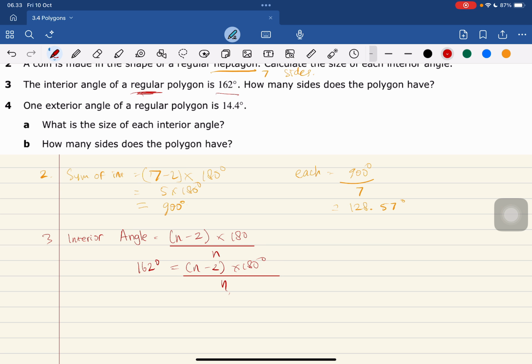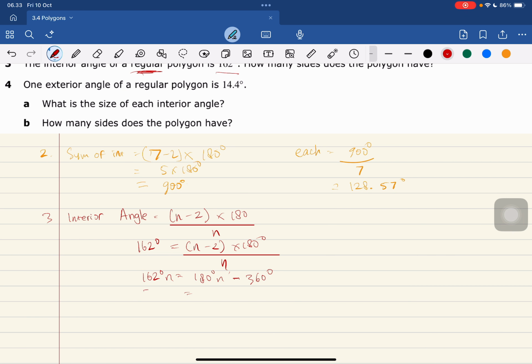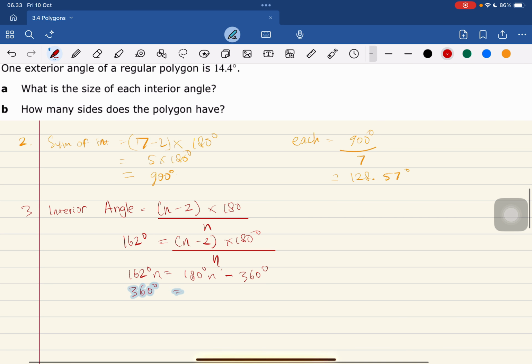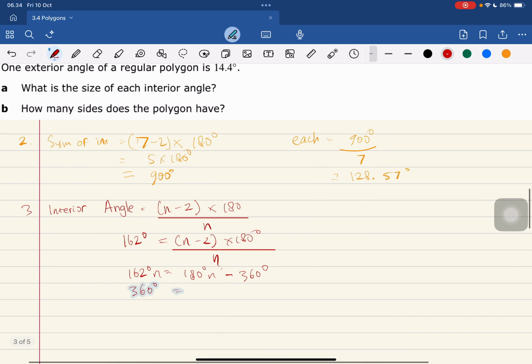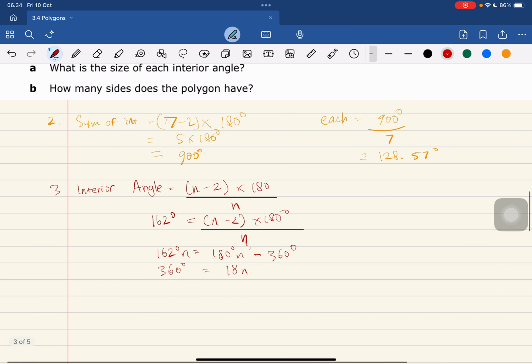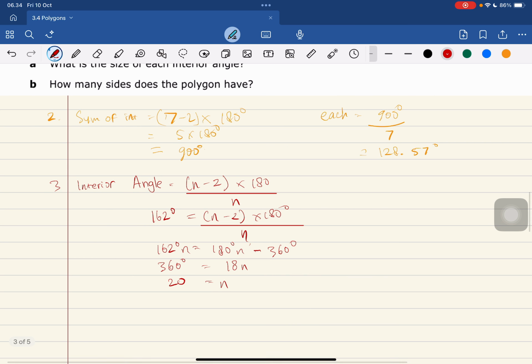Multiplying out, 162 n equals 180 n minus 360 degrees. So 180 n minus 162 n is 18 n, which equals 360. So n equals 20. There are 20 sides.